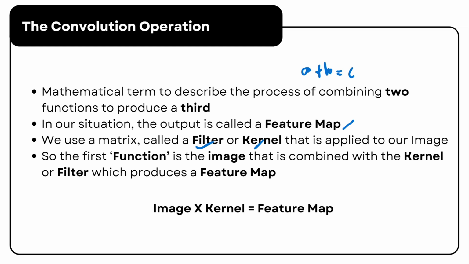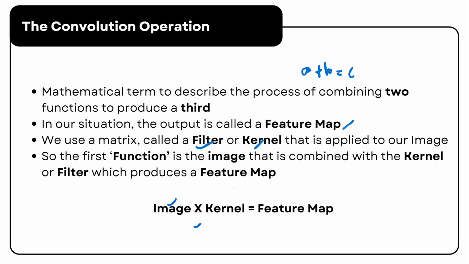So the first function, remember, we talk about two functions here, is our image. It is then combined or multiplied, depending on how you want to describe the operation. Convolve is the actual correct term.